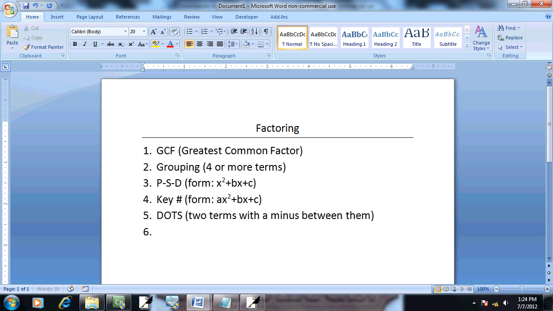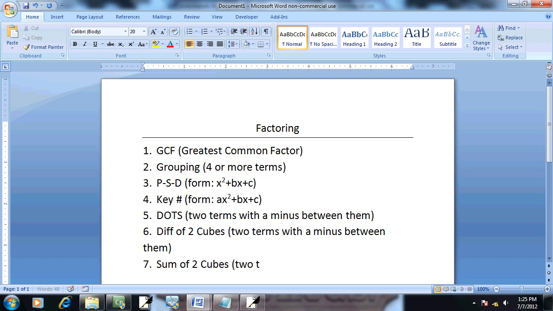Now there's a sixth one and seventh one. Sixth one is difference of two cubes, and this was when you got two terms with a minus between them. And the seventh one is the sum of two cubes, which is two terms with a plus between them.